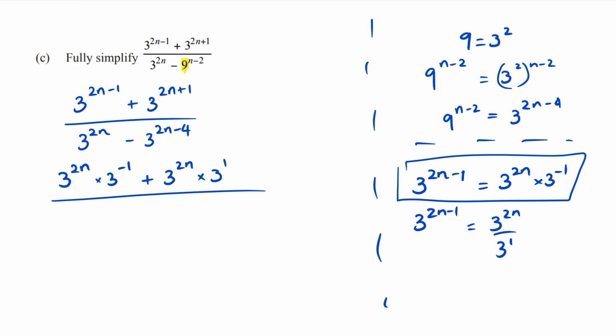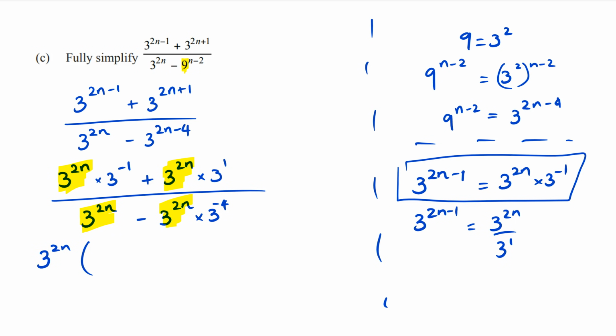And that's equal to 3 to the power of 2n in the denominator, minus 3 to the power of 2n multiplied by 3 to the power of negative 4, sorry. Once we have that, what you should see right now is that you have a common factor everywhere of 3 to the power of 2n. So we're going to take that out.